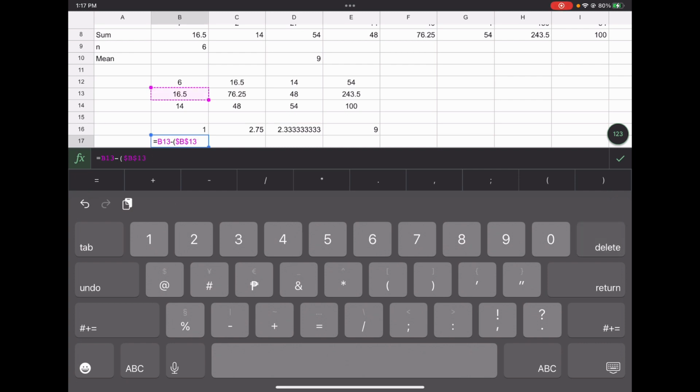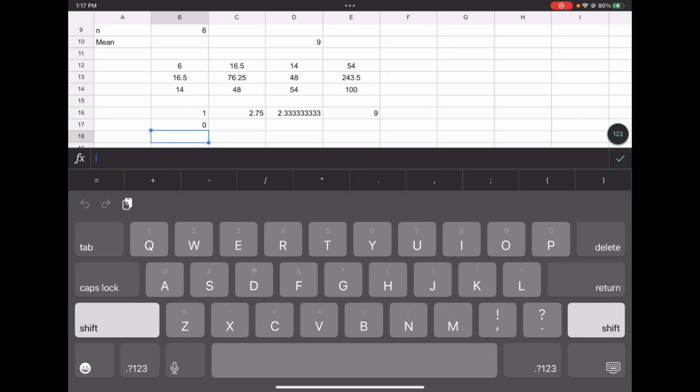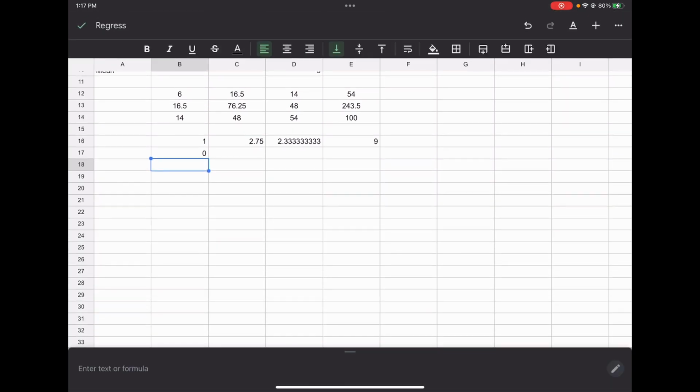So we multiply it with the first row. Okay, so that makes it 0.